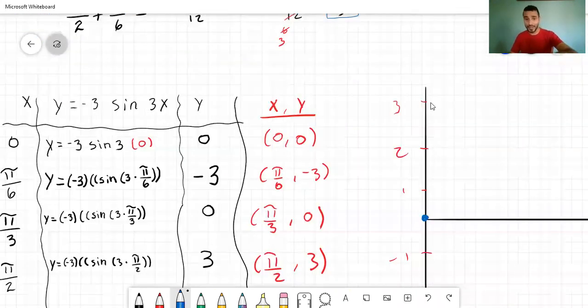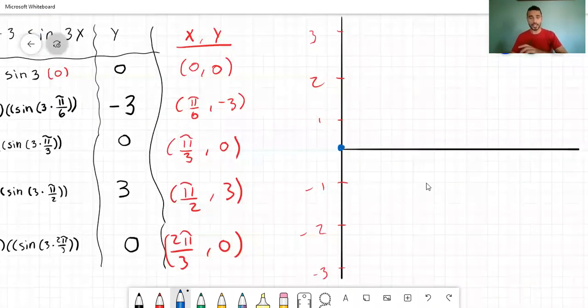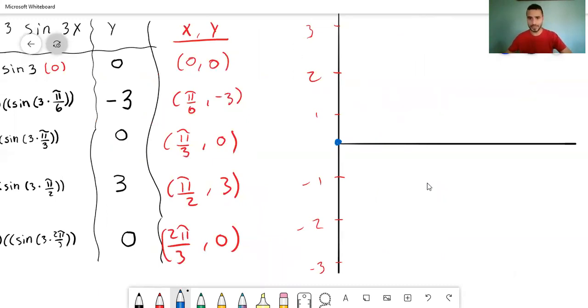All right, so this one is going to be pi over 6. This one is going to be pi third, this one is going to be pi half, and this one is going to be 2 pi over 3. Now, let's continue graphing.